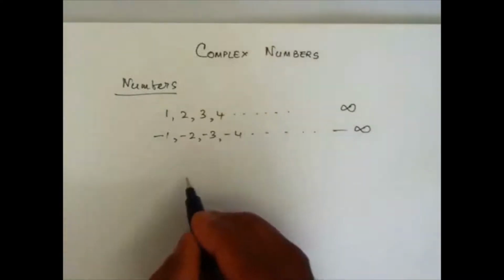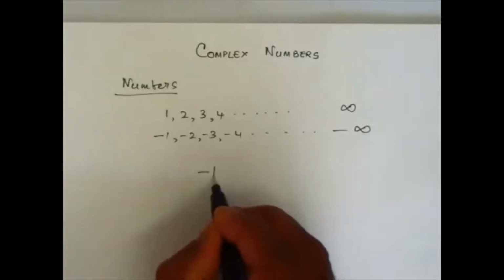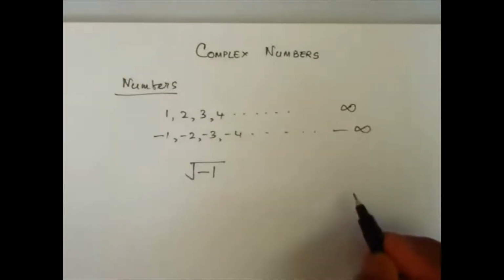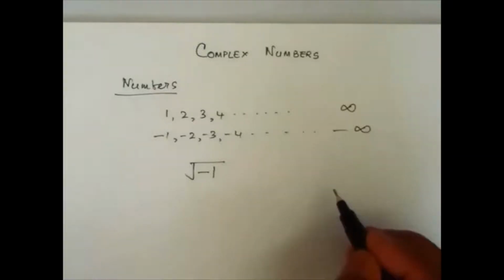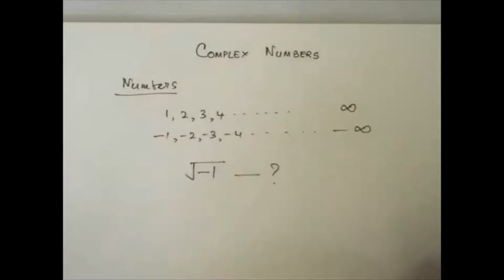Mathematicians wanted to explain this quantity, square root of -1. Now we all know that the square root of a positive number is easy to understand. But what is this?